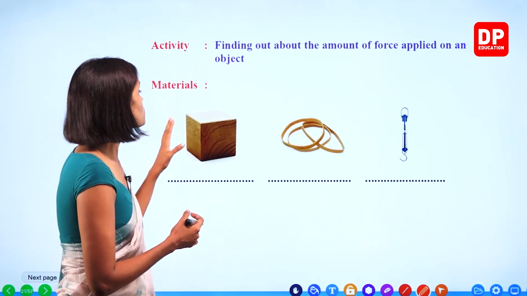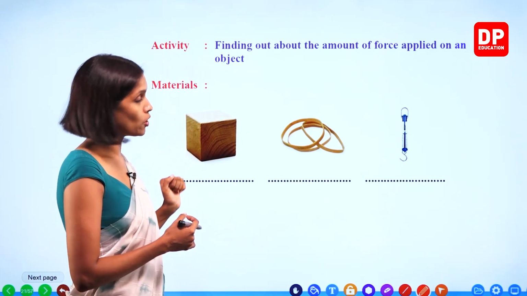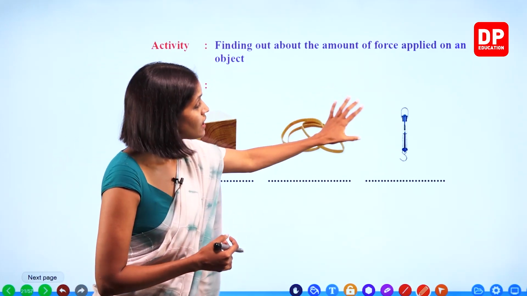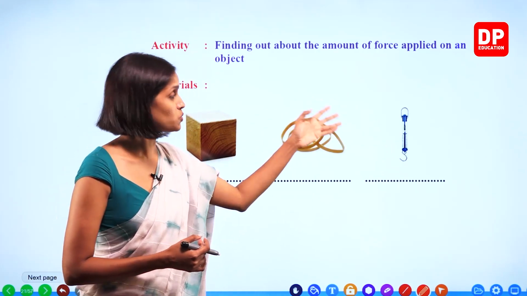In order to do this activity, we need two similar wooden blocks, a rubber band, and a balance like this. This is called a Newton spring balance. I will show that in the lab.